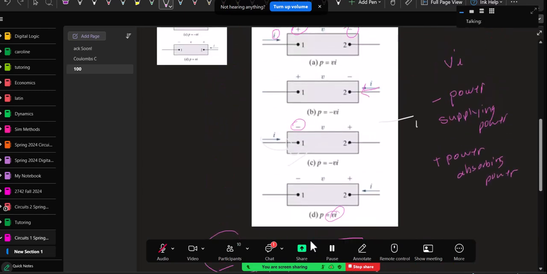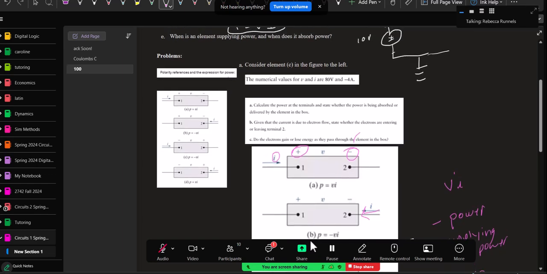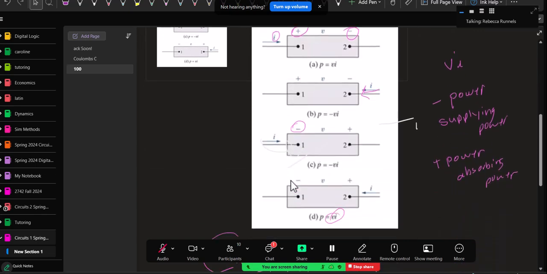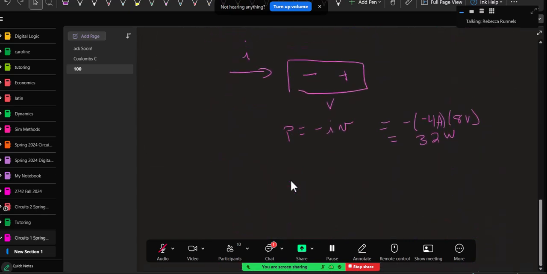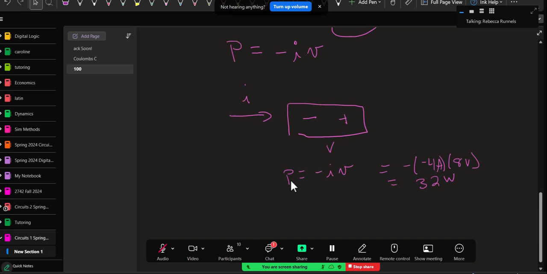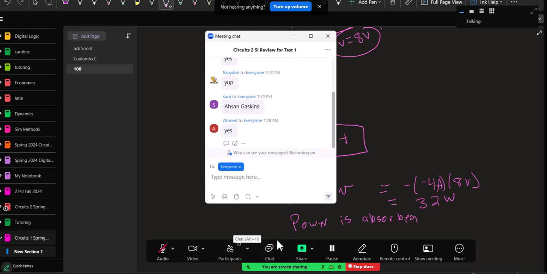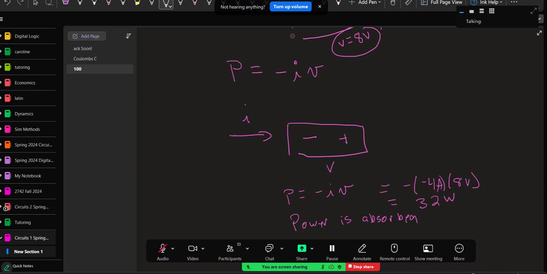Okay, so calculate the power and state whether power is being absorbed or delivered by the element in the box. So, is power being absorbed or delivered? Absorbed. Power is being absorbed because it's positive.